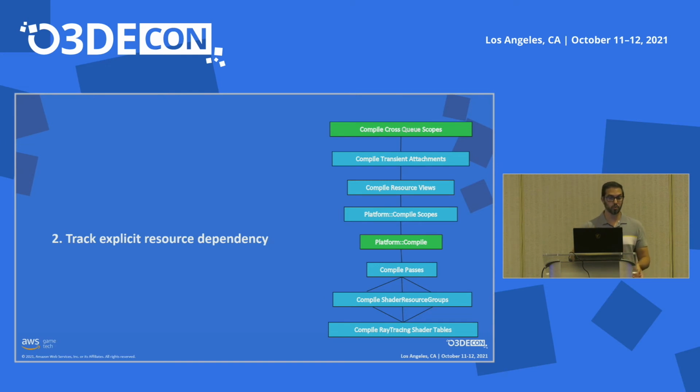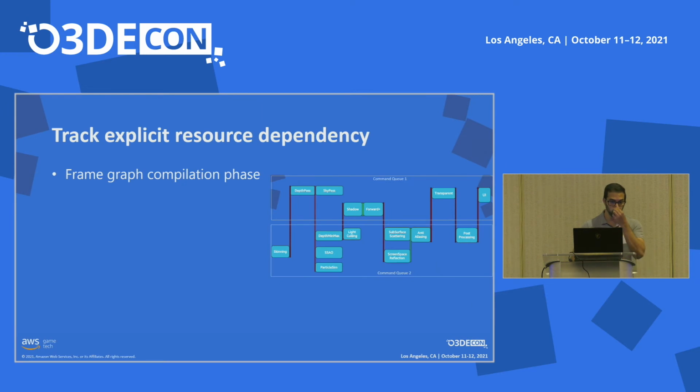Now I'm going to go over how to track explicit resource dependency. This is essentially how we create fences and barriers to make sure your passes run, execute, and finish at the correct time. If you remember this example from the beginning, you have all of these passes and you have these vertical bars.